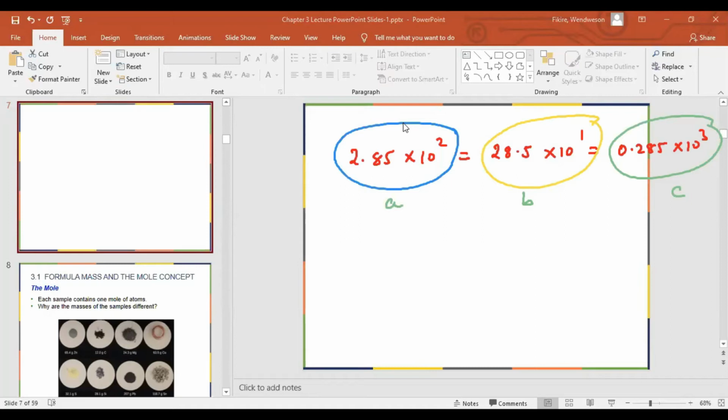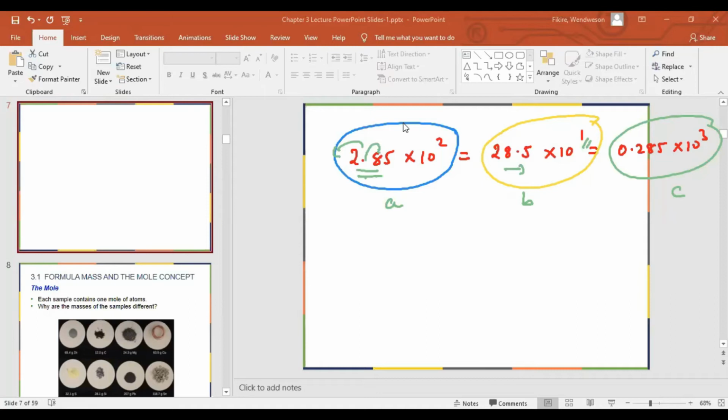The initial number was 2.85. Now I move the decimal point to the right. When you move the decimal point to the right, the exponential number is decreasing, Marlene. When you move the decimal point to the left from the original number, the exponential number is increasing. So that's how the difference is.